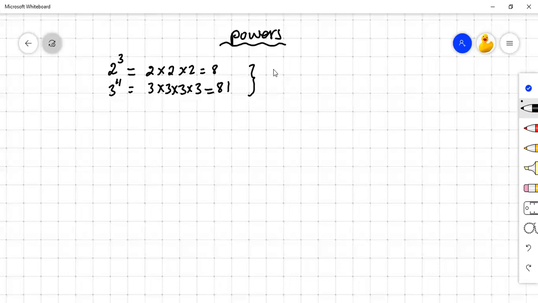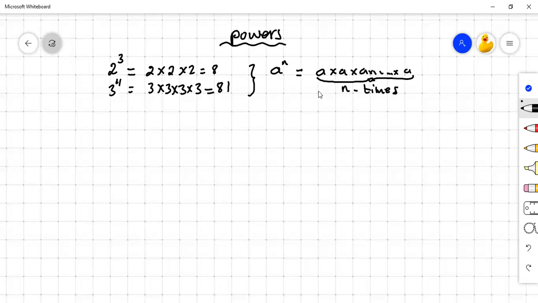So the formula is a exponent n is equal to a times a times a, etc. times a, and we have here n a's. So n times. This is the definition of an exponent.